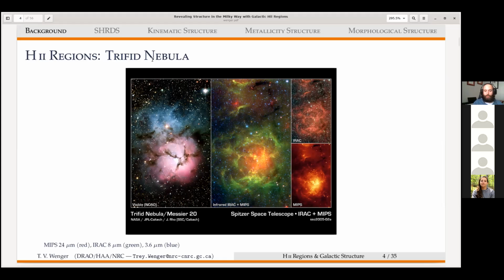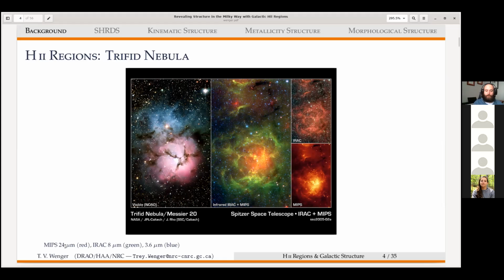Here's a very nice picture of M20. On the left is a visible light picture, where in red you're seeing the H alpha, so that's really tracing the ionized gas there. This blue stuff back here is a reflection nebula. On the right is an infrared view of the same H2 region.